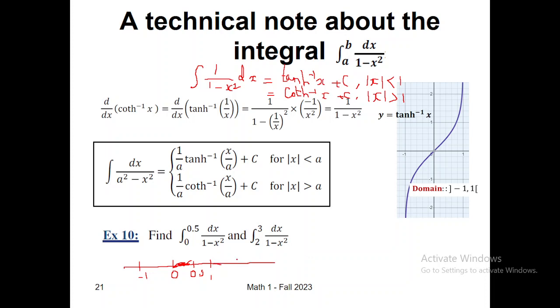In this case, we apply cotangent inverse. For the first integration, because this integration period is within the interval from -1 up to 1, we apply tangent inverse. But for the other integral, the interval is outside the period from -1 up to 1, so we have to apply cotangent inverse. So the first integration is based on tangent inverse, but the second integration is based on cotangent inverse.